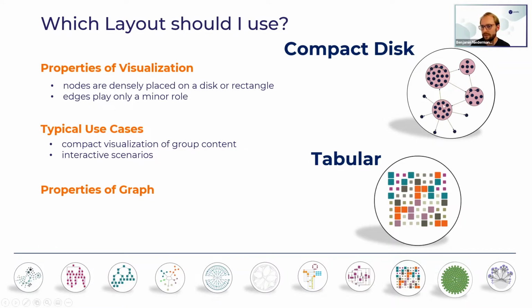For example, here you can see that there are no connections at all, while here are a few connections. This gives the viewer of the drawing some hints about the group. Another scenario where you can use it is interactive scenarios.